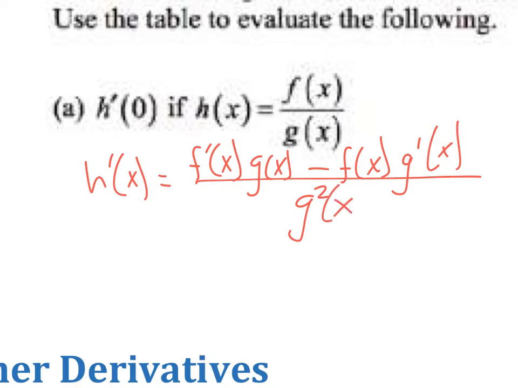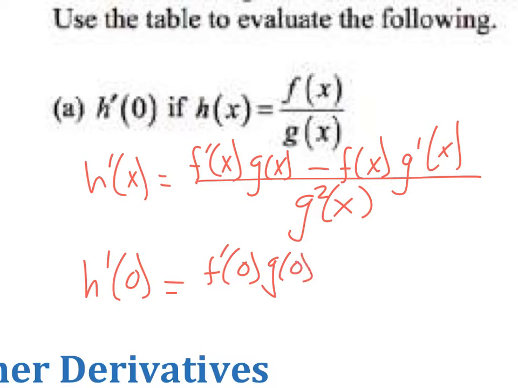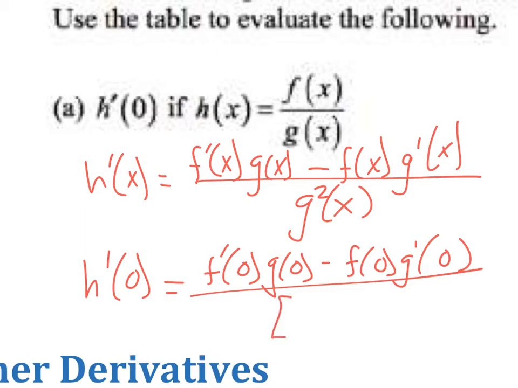Okay? Well, we want to find h prime of 0. So we're going to have all of that with a 0 in it there. g of 0 minus f of 0, g prime of 0, all over, I'm going to write this a little differently, g of 0 squared.